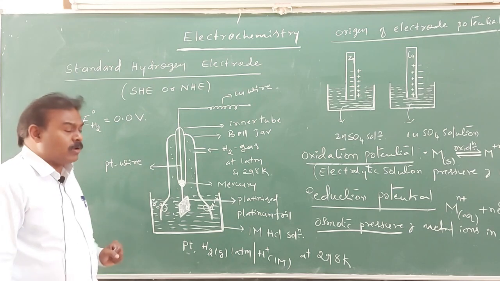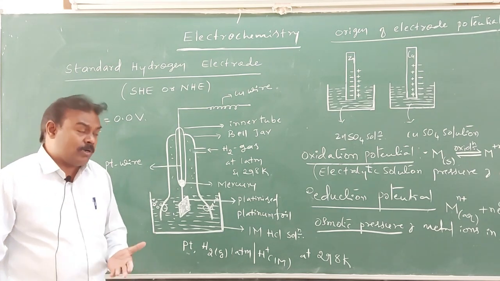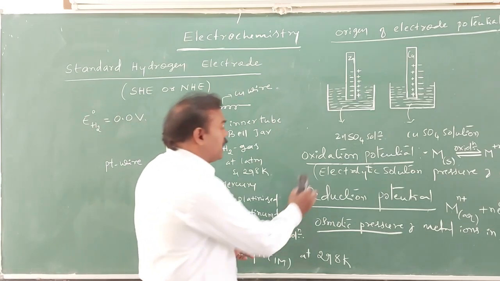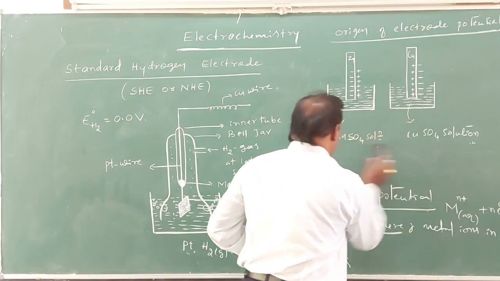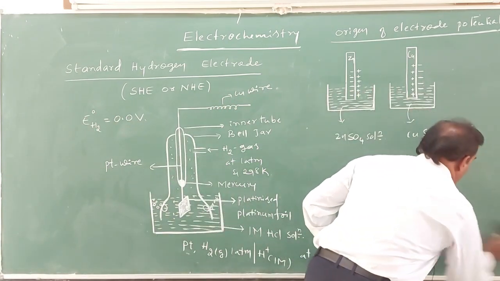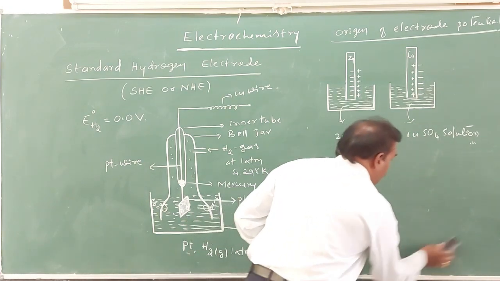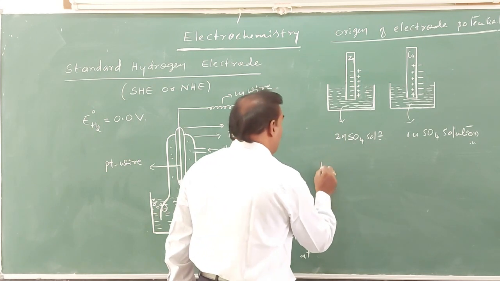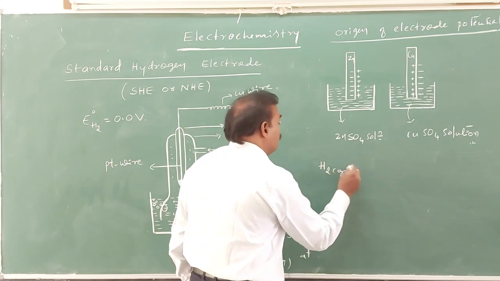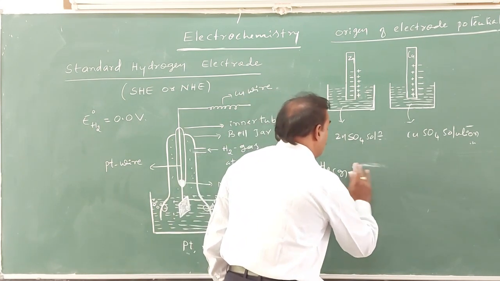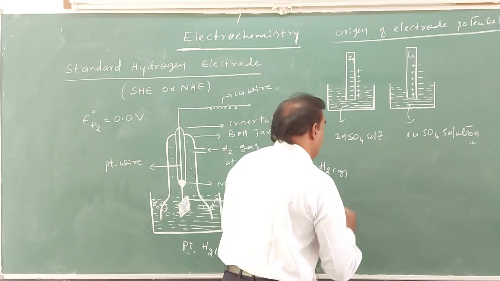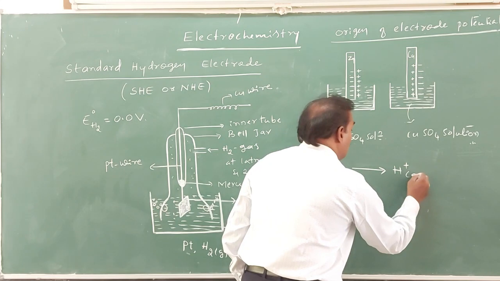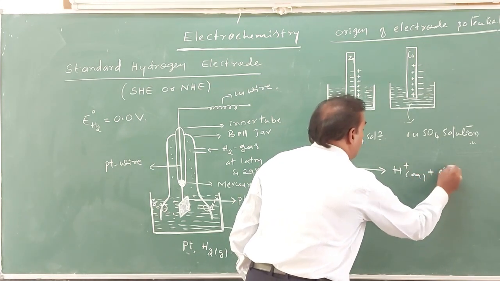So the hydrogen electrode is called a universal electrode because it acts as both cathode and anode. How it acts as both cathode and anode, we will go through the reactions. Here hydrogen gas undergoes oxidation, and it gives the H plus ion in aqueous solution and an electron.